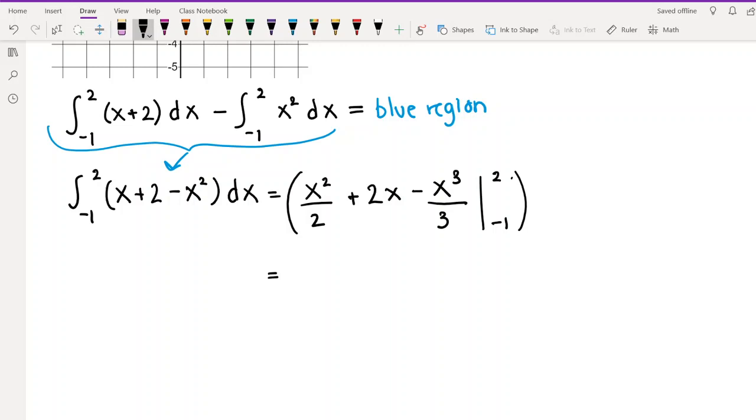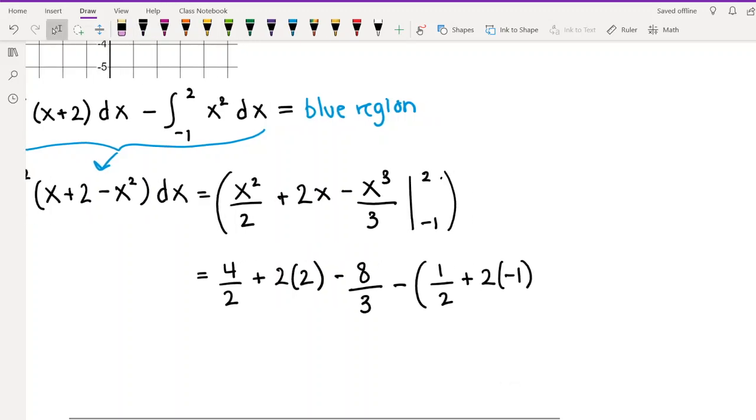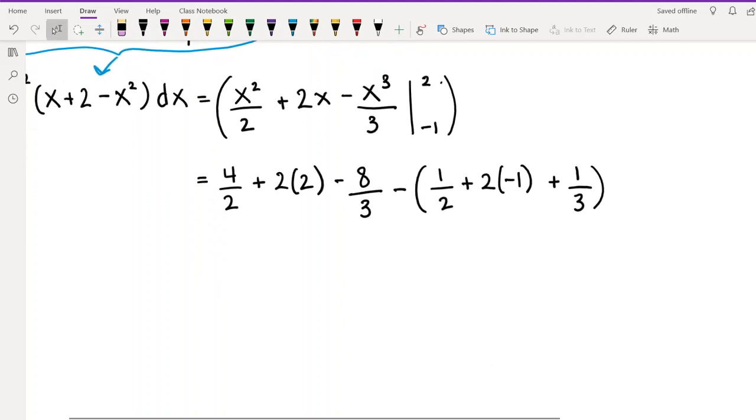Well, if we plug in 2, we get 4 over 2 plus 2 times 2 minus 2 cubed, which is 8 over 3. And then from that, we subtract plugging in -1. So that would give us 1 over 2, 2 times -1, and then -1 over 3. So that's going to become plus 1/3, right? Because -1 cubed gives us -1, and then the subtraction becomes addition.